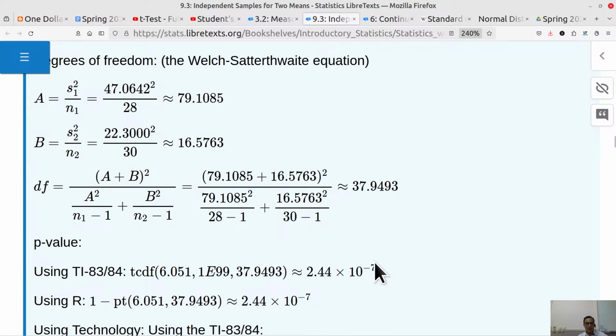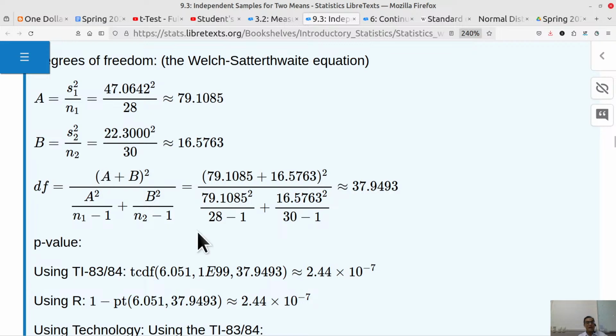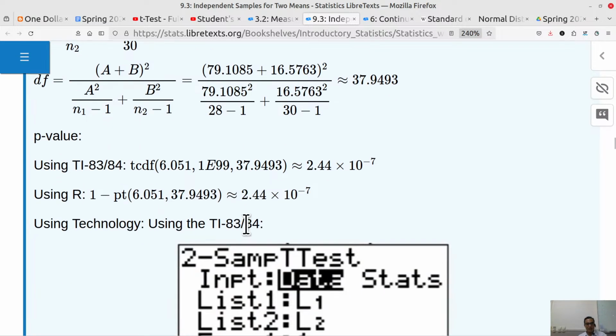After the calculation, the formula is really ugly, and you don't need to memorize those formulas because they're really ugly. And get a p-value. There are different ways to get different p-values, but the common point is the p-value is very, very small.